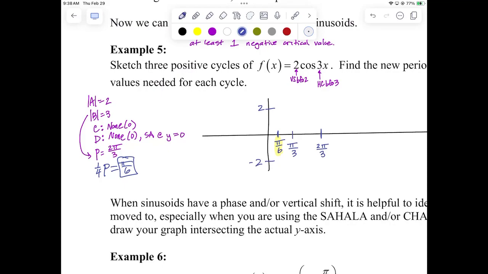Now, I'm not done here. Now I can come over here and bisect that, and I can label it, because all I'm doing is counting by pi 6, right? What's that going to be? 1 pi 6, 2 pi 6 is pi thirds. What comes next? 3 pi 6, which simplifies to what?